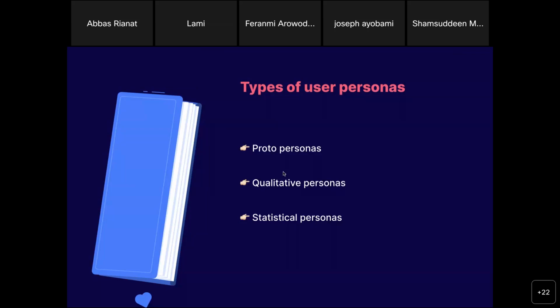See proto personas as personas with no new research. I would say proto personas are just personas that you draw out from your brainstorming session with the stakeholders, which means no raw data.